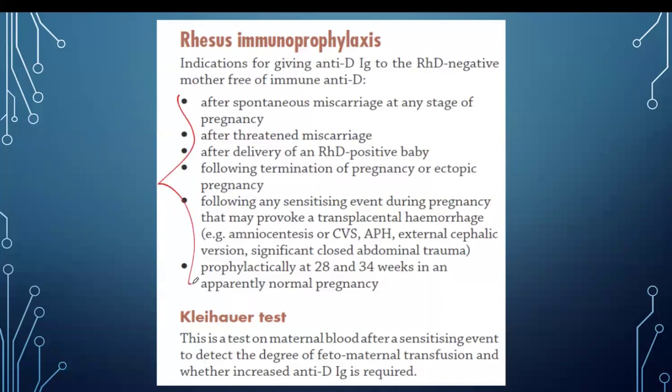There are some other times when we also consider giving anti-D: any spontaneous miscarriage, after delivery of an Rh positive baby, following termination of pregnancy or ectopic pregnancy, following any sensitizing event where fetal-maternal blood mix-up can happen, like amniocentesis, placenta previa, or abruptio placenta.